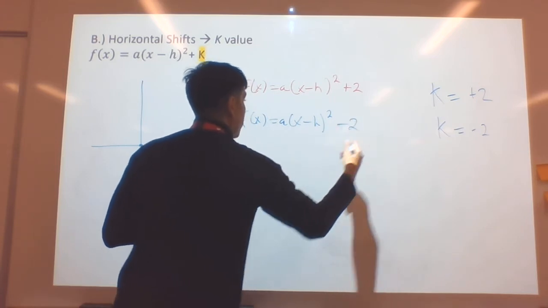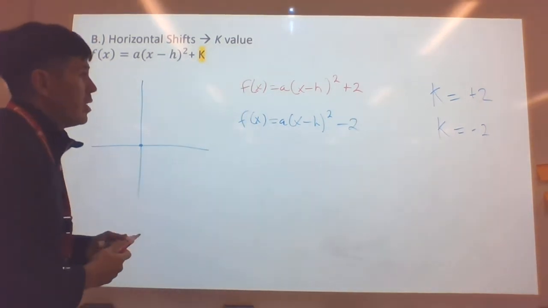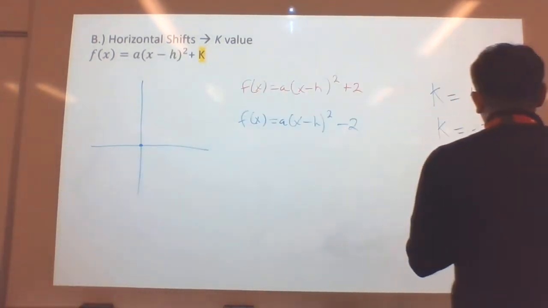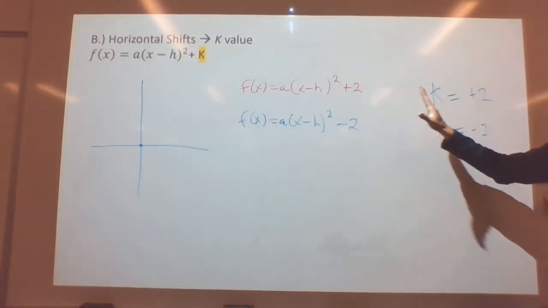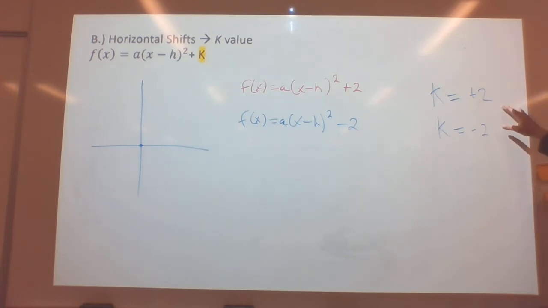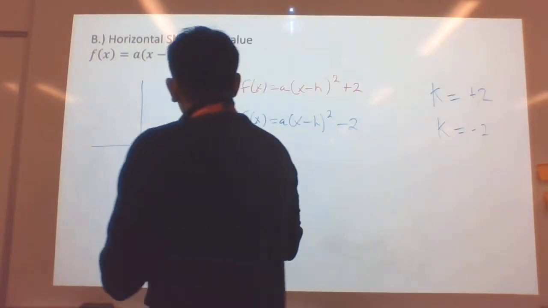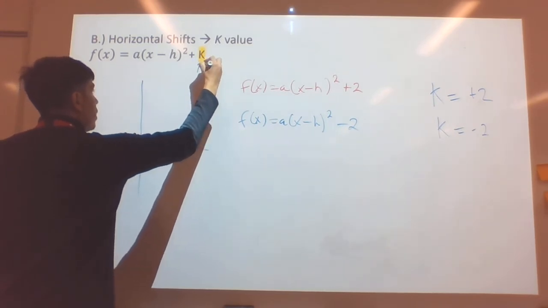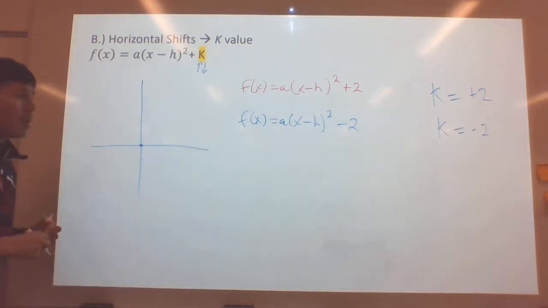What I'm doing here is when you plug in your k value, this is going to tell us whether we go up or down. So this guy tells us whether we go up or we go down.